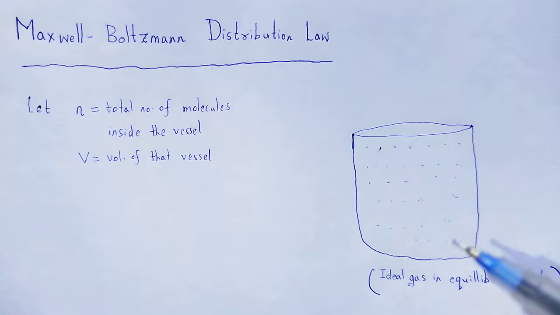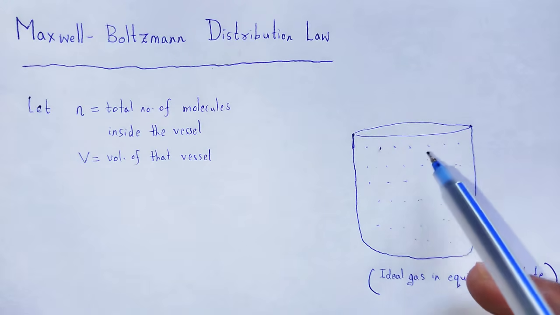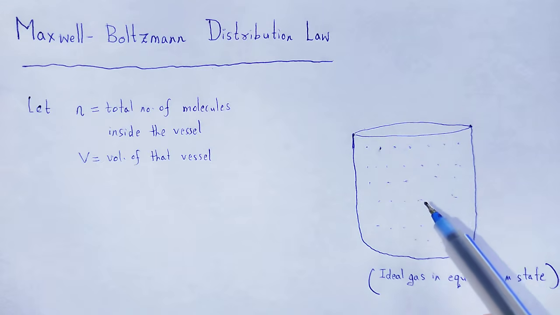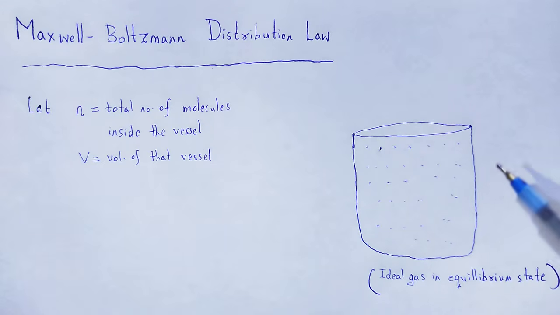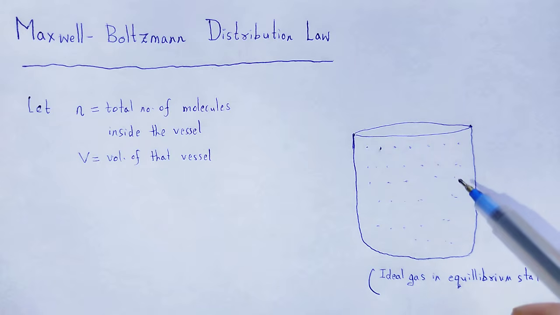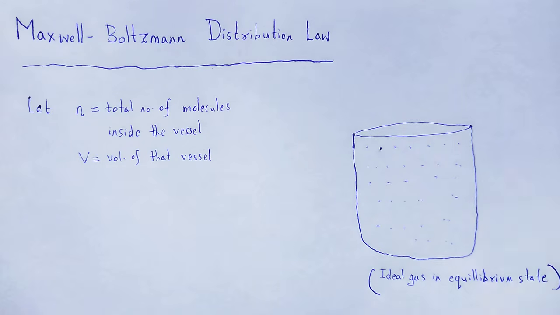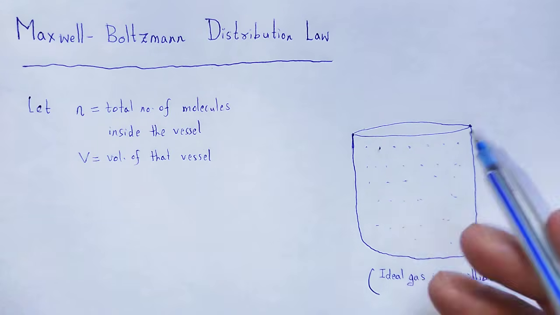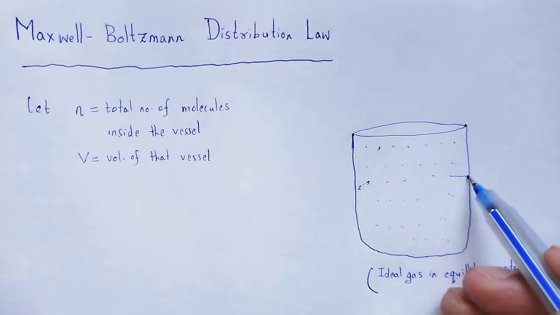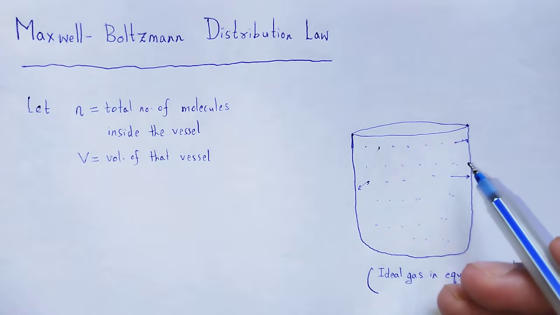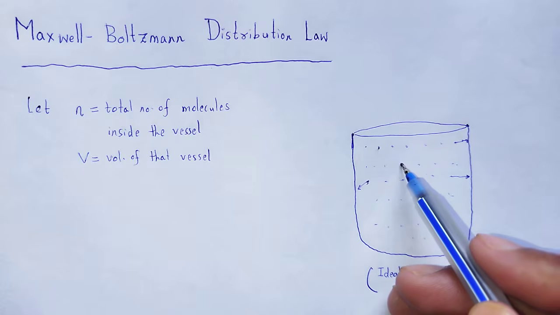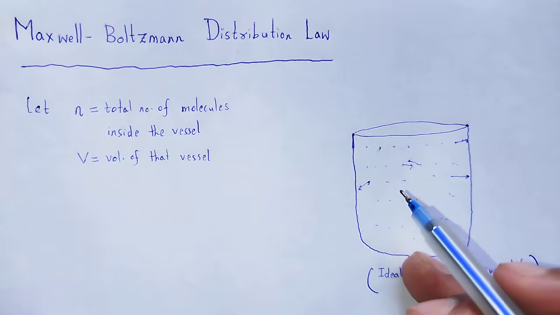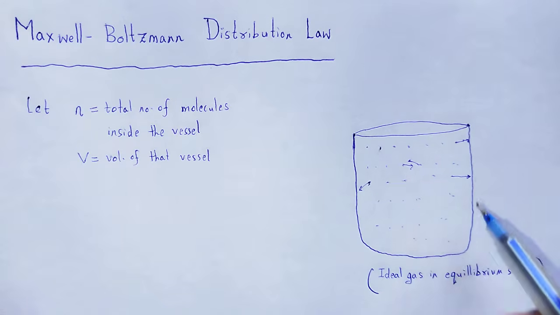These gas molecules are in random motion with different velocities, hence they possess different momentum and energy. During their random motion, the molecules collide with one another and with the walls of the vessel.